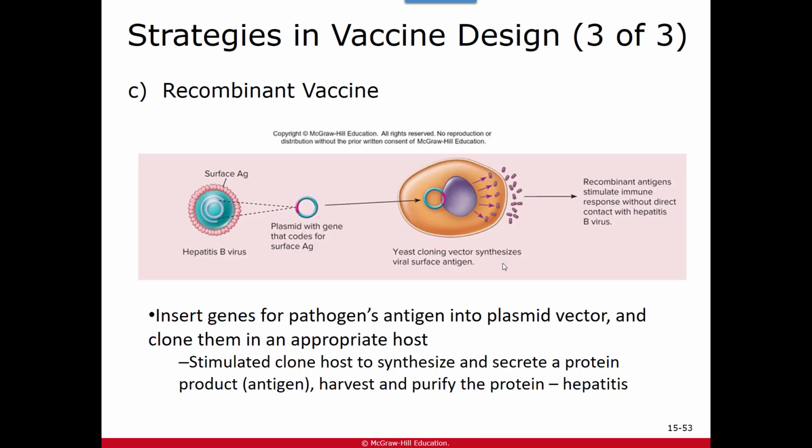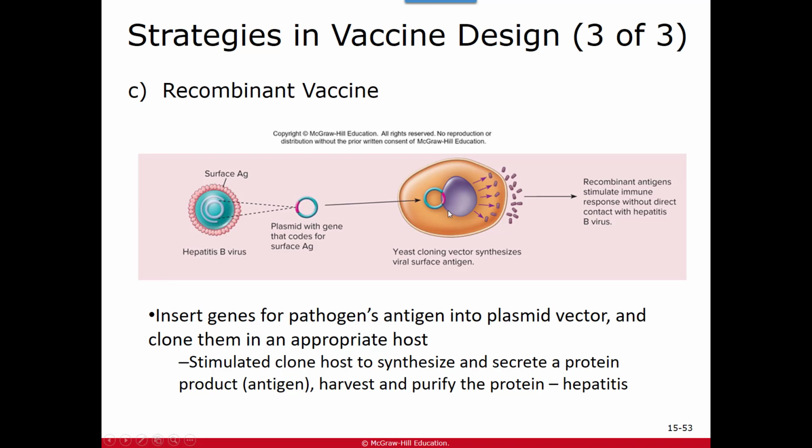We can also start to make our own vaccines, do whatever we want them to. We can use other cells to make vaccines. This is the hepatitis B virus. Well, we know there's a little piece of DNA in there that codes for a particular surface antigen that this virus has. We can snip out that little bit of DNA, put it in a plasmid, and put it in another type of cell, like a yeast cell, which is really easy to grow in a lab.